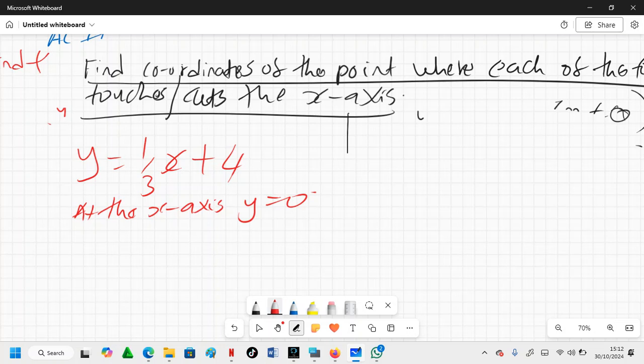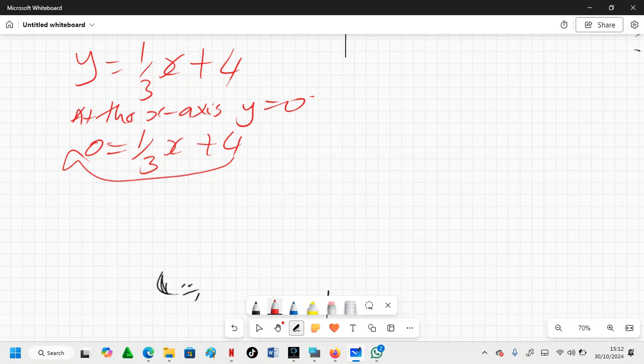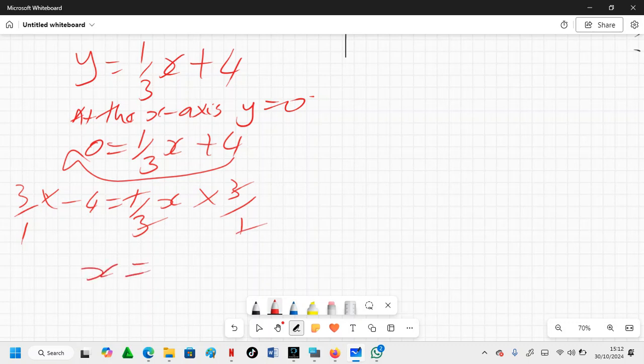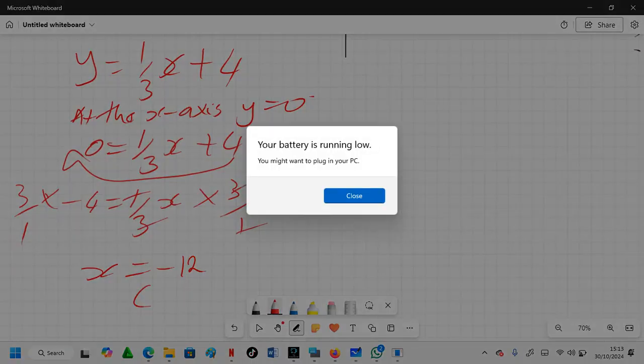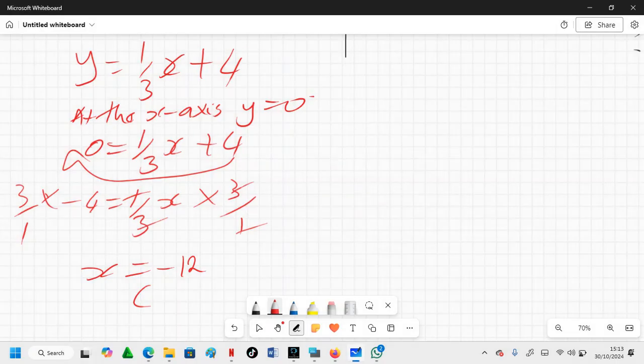So y is 0 is equal to a third x plus 4. This one will go there to be a negative, so that we have negative 4 being equal to a third x. So times the reciprocal, x becomes 3 times negative 4, that is negative 12. Therefore, the point on the x-axis is going to be negative 12, 0.